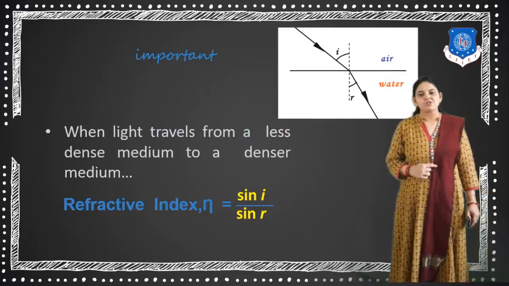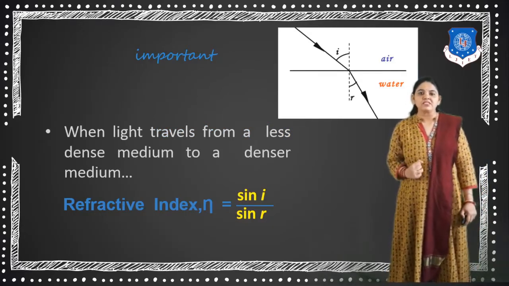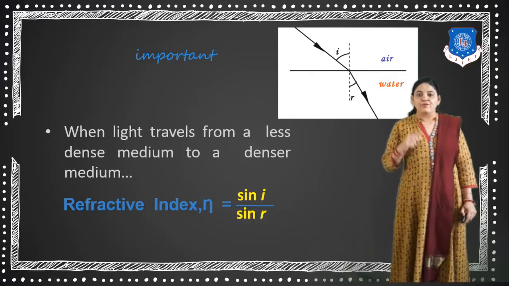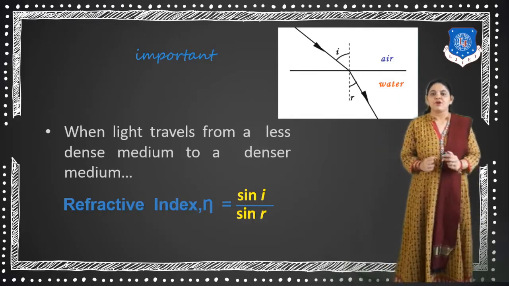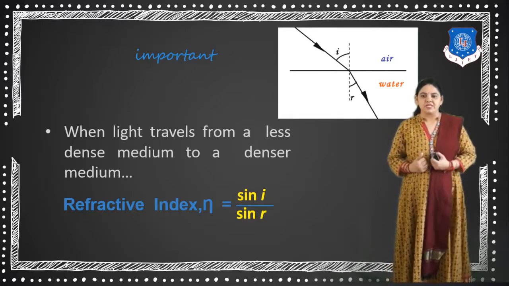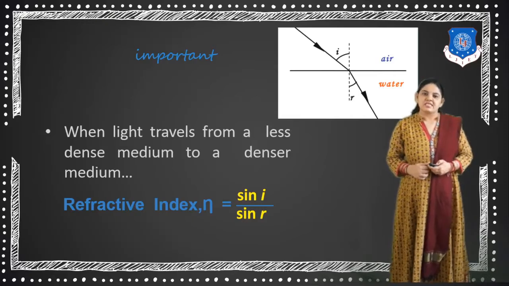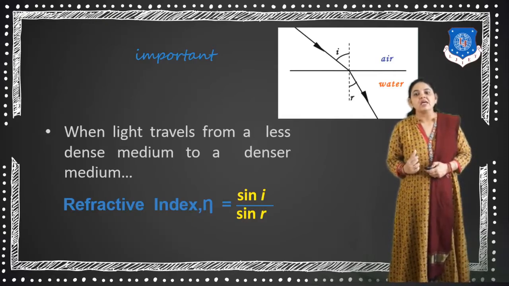So this is about another example. The important thing to remember is that when light travels from a less dense medium to a denser medium, the refractive index is always sine i upon sine r.